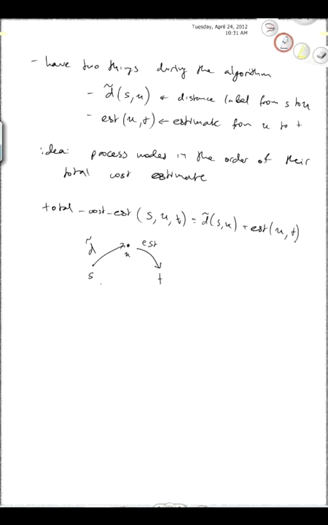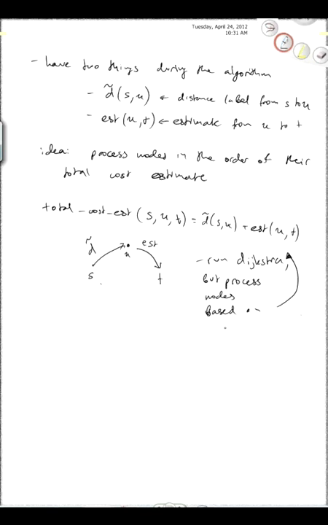And so the idea is to just run Dijkstra, but process nodes based on this total cost estimate order.